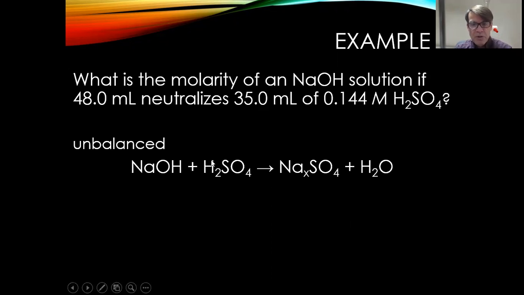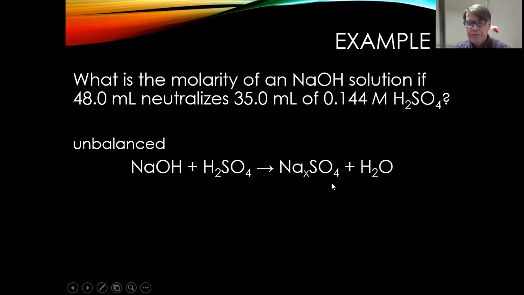We've got sodium hydroxide and sulfuric acid, and it's an exchange or metathesis reaction. They're swinging partners. The sodium is going to hook up with the sulfate, and the hydrogen is going to hook up with the OH and form water, H2O. So we want to balance it.